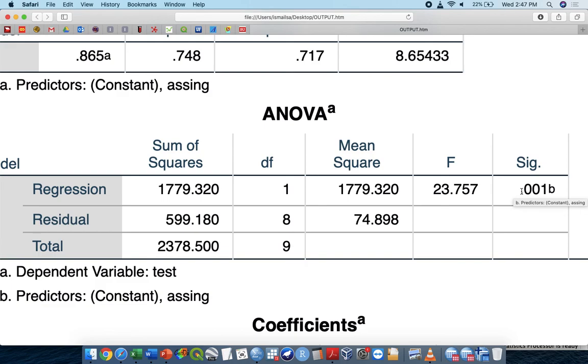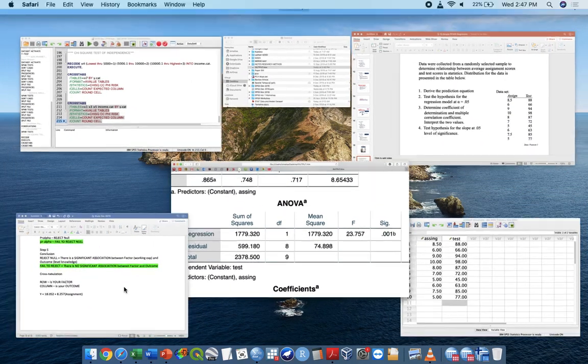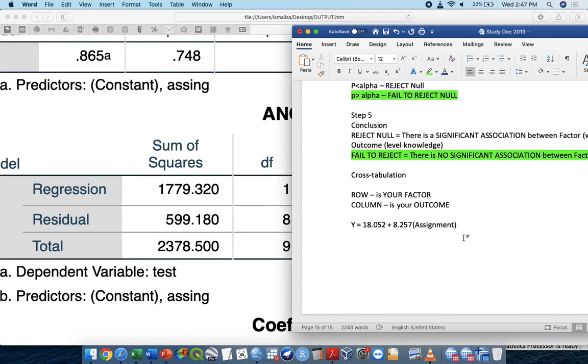If you did not get it, I'm going to write it up on a blank sheet like this. So, what is your null? Your null will be the model is not fit. Or indirectly, we say X is not able to predict Y. Okay, and then what is your alternative?